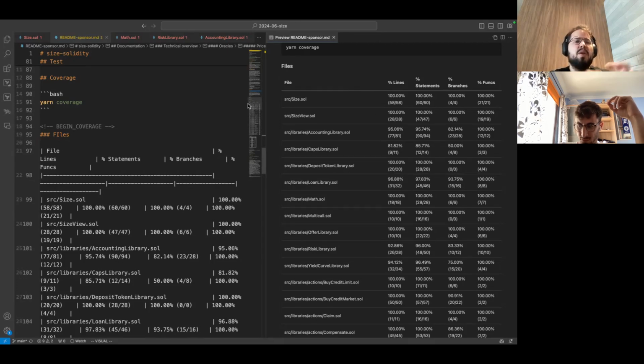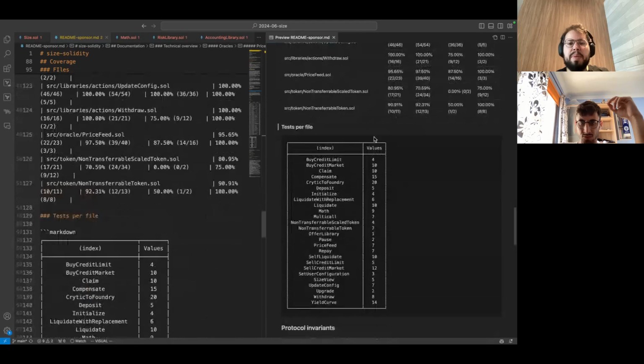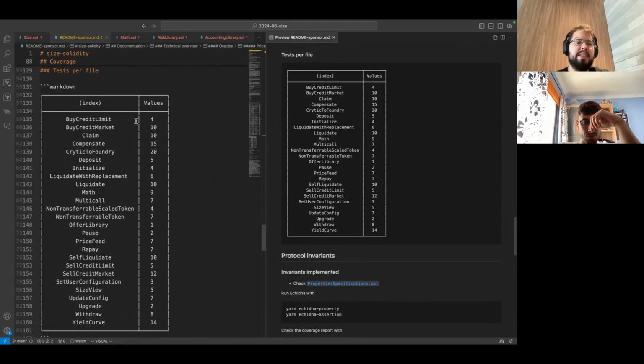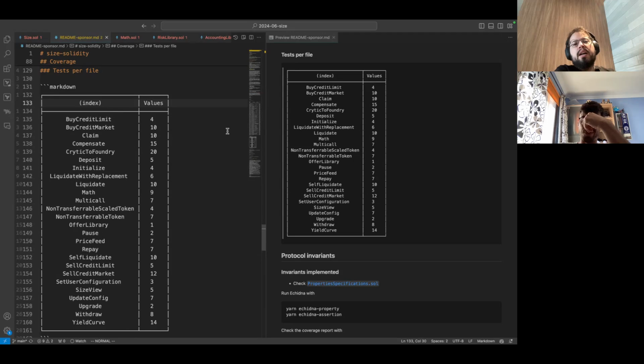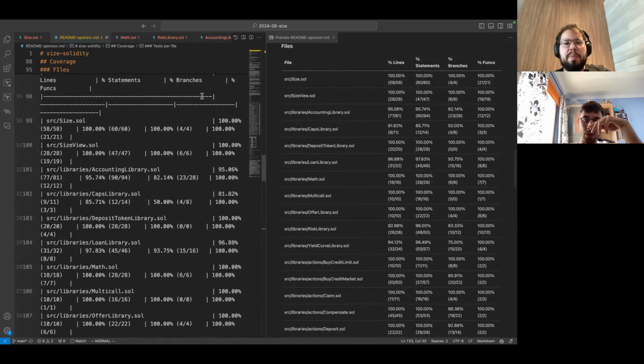The CI calls coverage, and then it just spits the coverage report here. But this was also another idea that I think is beneficial, of being explicit about your logical test coverage. Because here you can see very clearly the lines of code covered.